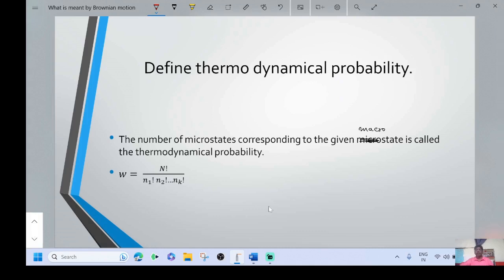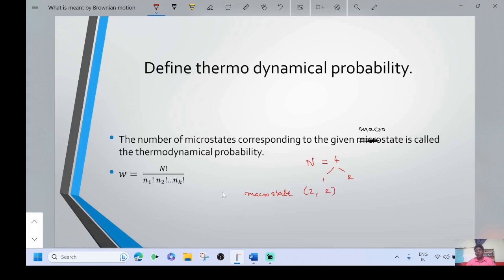Define thermodynamical probability. The number of microstates corresponding to the given macrostate is called the thermodynamical probability. Thermodynamical probability is given by the general formula W equal to capital N factorial divided by N1 factorial, N2 factorial, ... Nk factorial. Suppose 4 particles are given, N equal to 4. These 4 particles are allotted in 2 compartments. Suppose a macrostate is 2, 2.